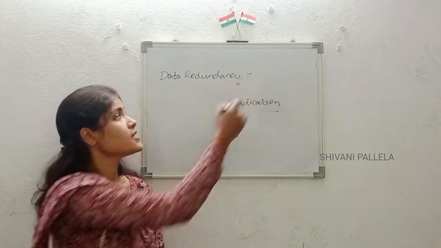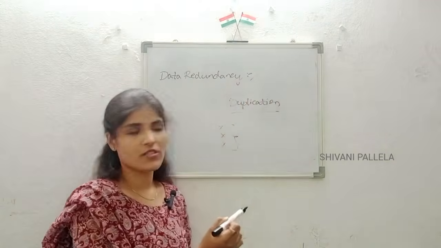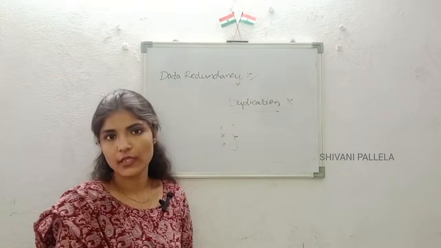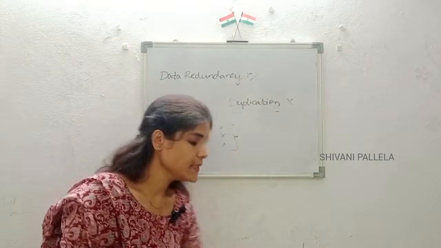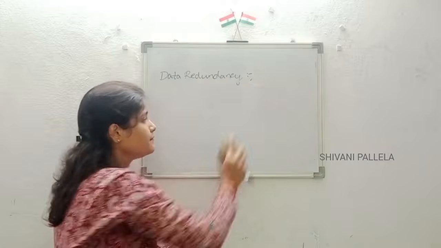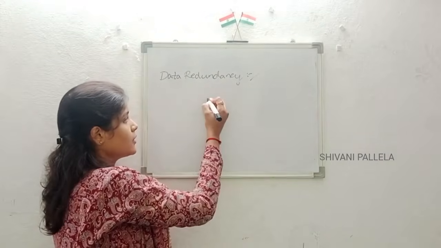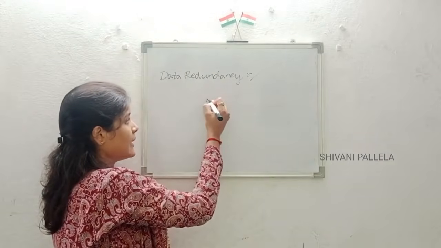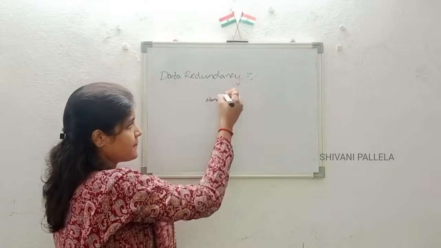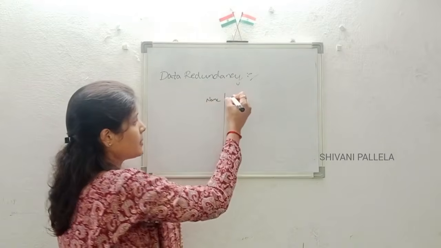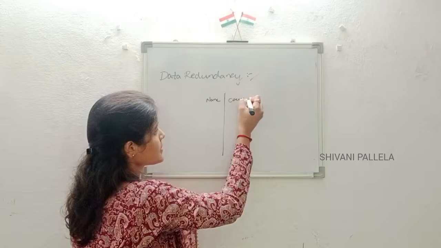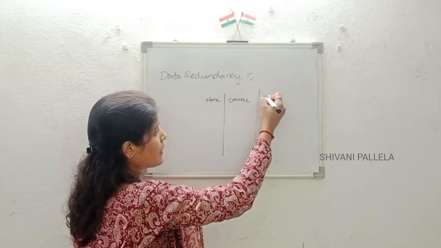You should use this word in RDBMS; you should not use the word duplication. For example, name, course, and mobile number.